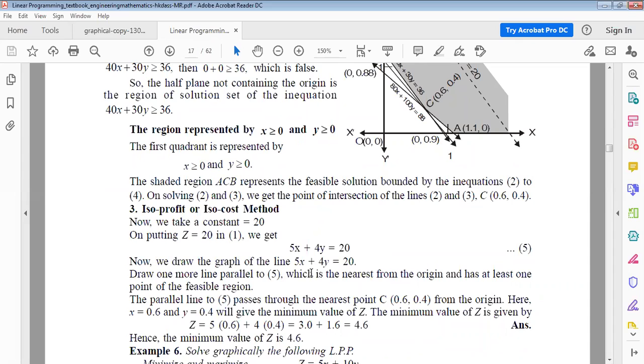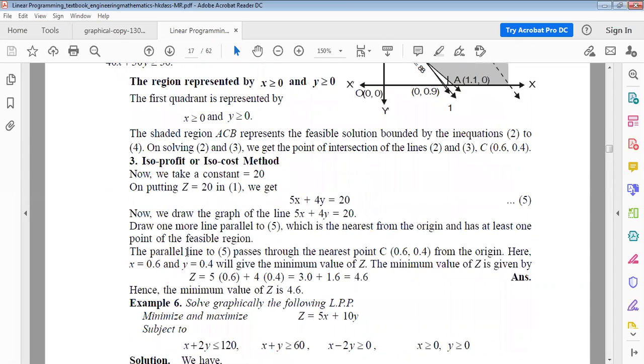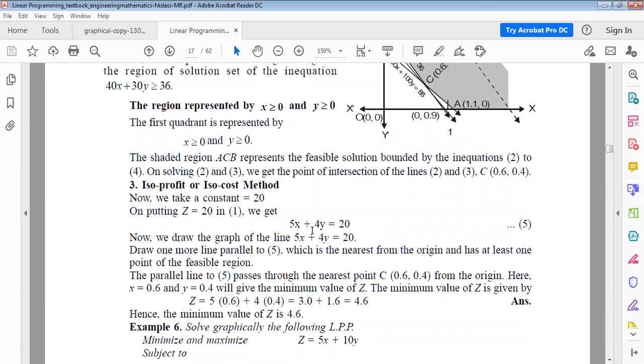Now we draw the graph of the line 5x plus 4y equals 20. If x equals 0, y equals 20 by 4, which is 5. If y equals 0, then x equals 20 by 5, which is 4.